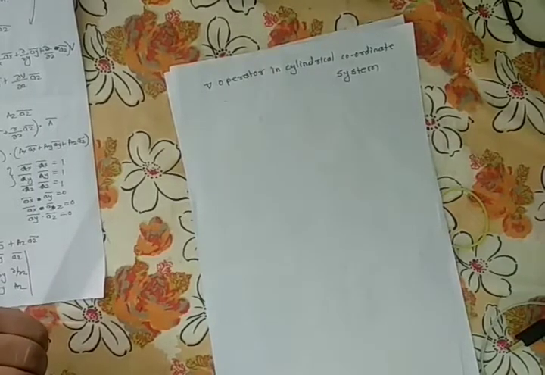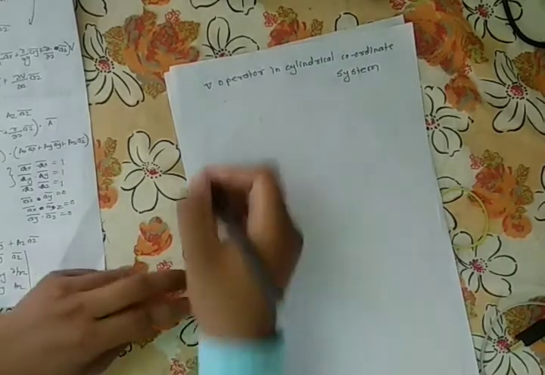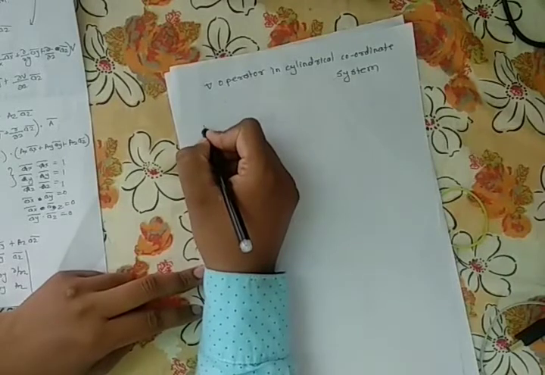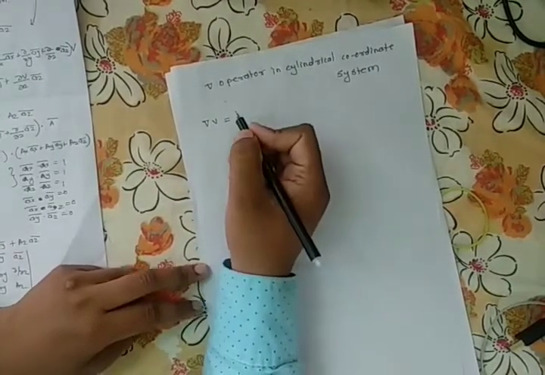We have found this in the Cartesian coordinate system. Now we have to find del V for the cylindrical coordinate system.